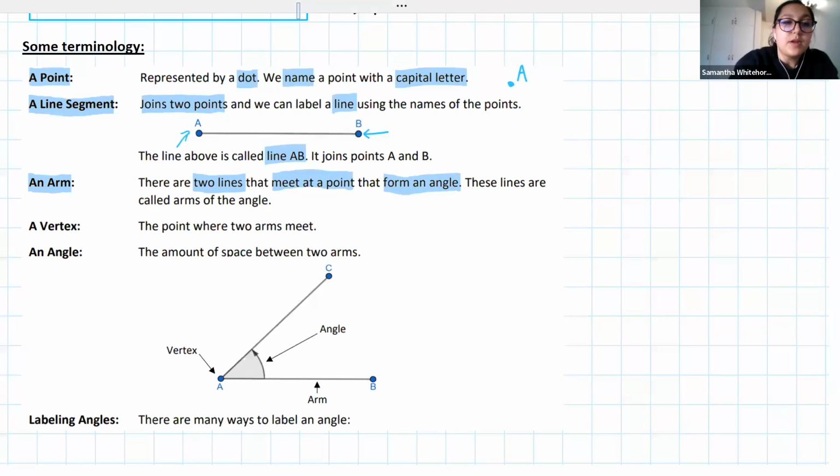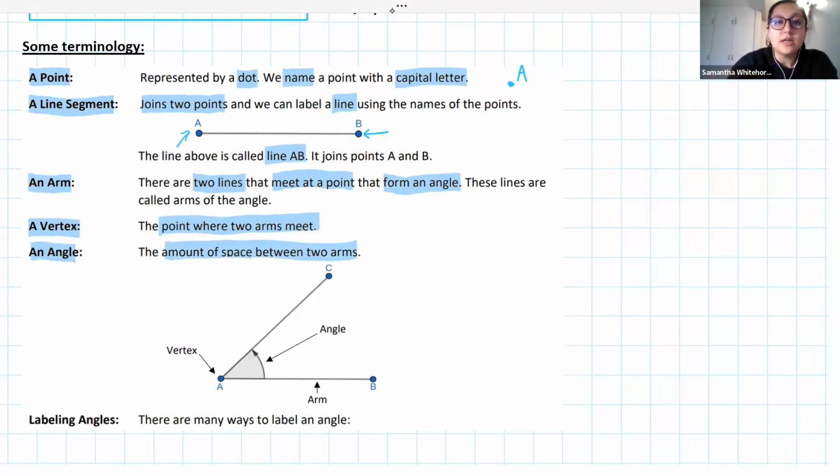Like I say, these 2 arms will meet at a common vertex. So the point where the arms meet is a common vertex. And that specific point will be where we start to label our angle, which we'll chat about in a second. An angle then is the amount of space that exists between our 2 arms.